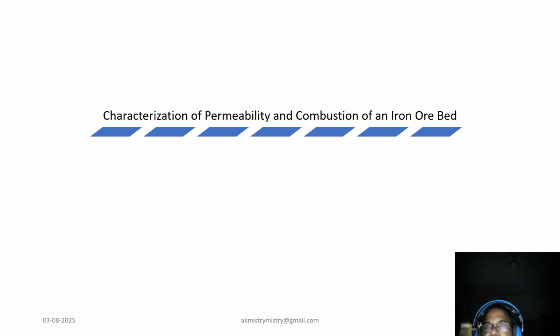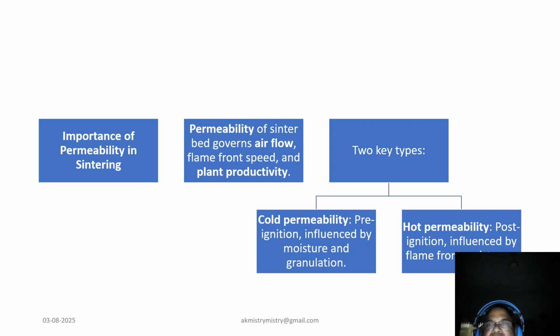Now, coming to our next slide, which is about the permeability in sintering. In sintering, a consistent and efficient airflow through the iron ore bed is essential for productivity. This airflow depends on permeability, which we classify as cold before ignition and hot after ignition.